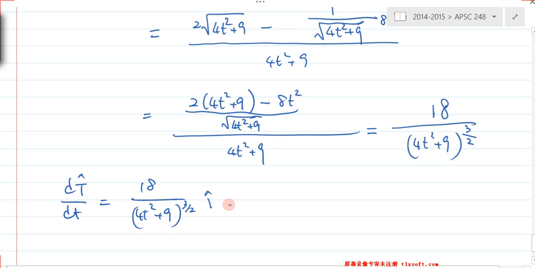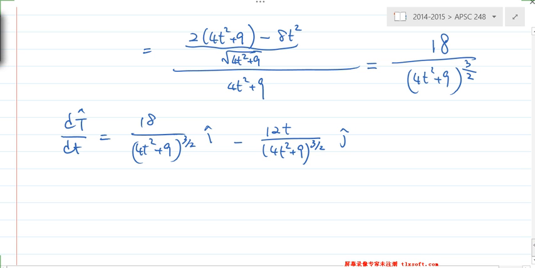This is I hat, okay? The other portion is this. Okay, is this. So they all have the same denominator, okay? And this. Okay? And guess what?